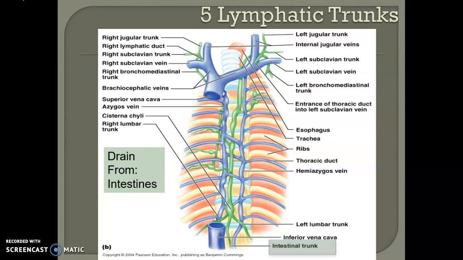So for testing purposes, you must know the names of the trunks. For example, jugular trunk, subclavian trunk, bronchomediastinal trunk, lumbar trunks, and intestinal trunk. And you must know which areas of the body they drain. So, potential question for your upcoming quiz.